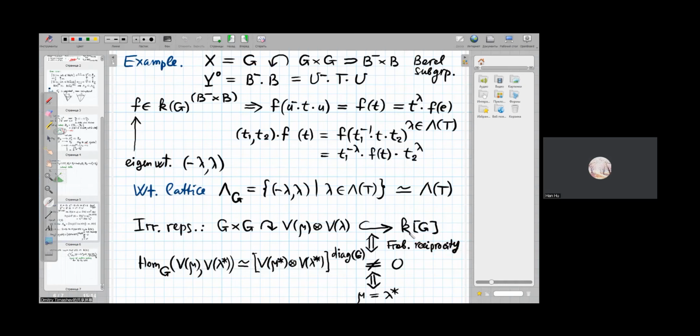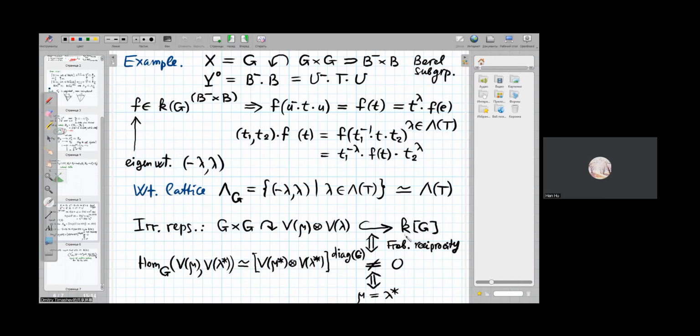But this space K of J is just the representation induced from the trivial representation. It is the representation of G cross G induced from the trivial representation of the diagonal G. The functions on a homogeneous space is just the representation induced from the trivial representation of the stabilizer.